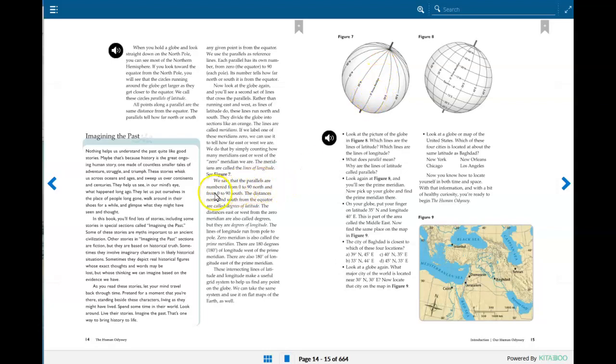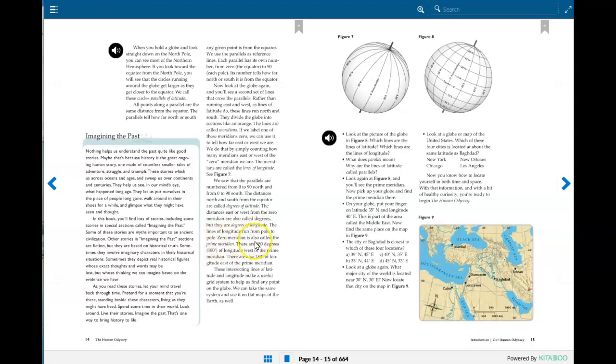We saw that the parallels are numbered from 0 to 90 north and from 0 to 90 south. Okay, remember up and down? The distances north and south of the equator are called degrees of latitude. The distances east or west from the 0 meridian are also called degrees, but they are degrees of longitude. The lines of longitude run from pole to pole.